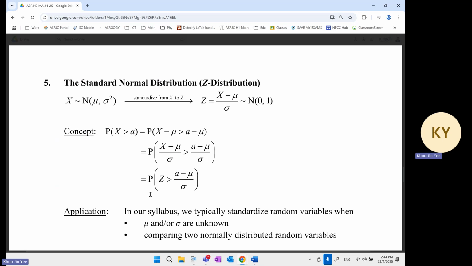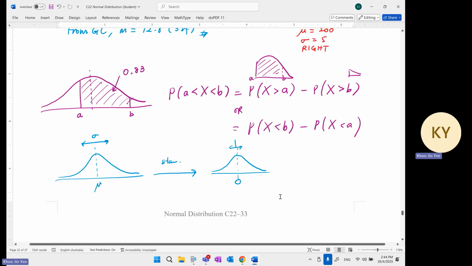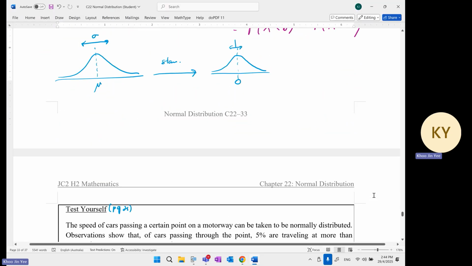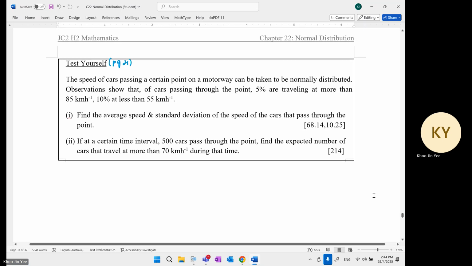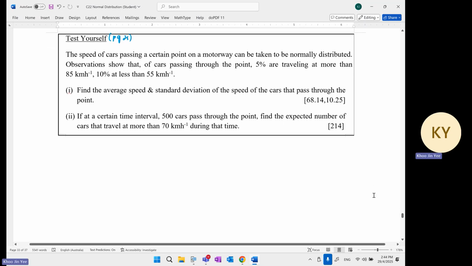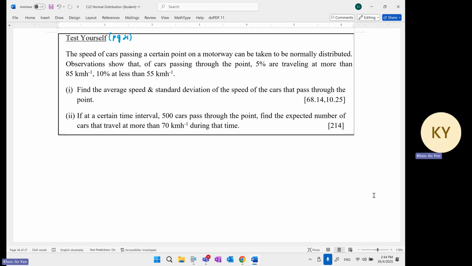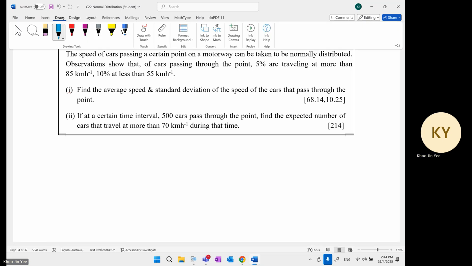Okay, so let's take a look at what we mean by standardizing. Over here, page 21. The speed of cars passing a certain point of a motorway can be taken to be normally distributed. So the quantity would be x.